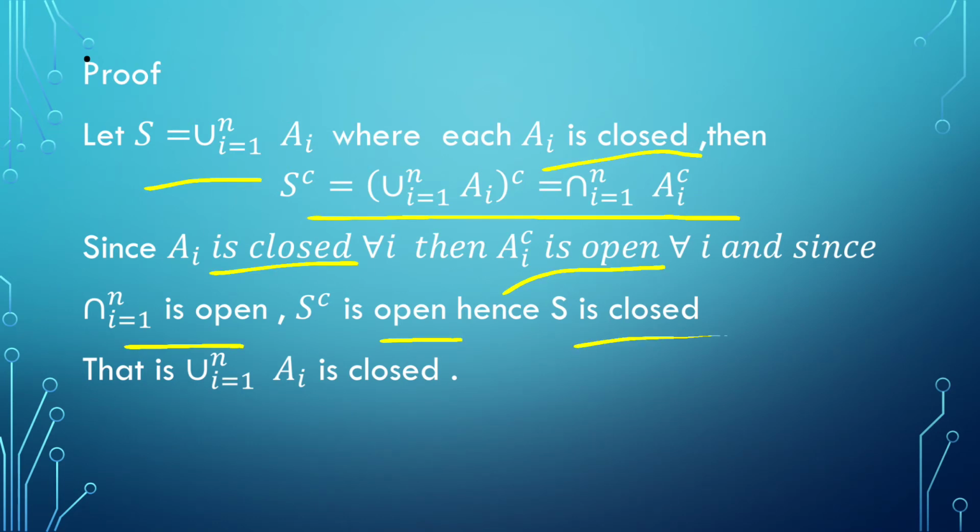And that gives us the conclusion that the union of the A_i is also closed. That is the end of the proof, simple and clear.